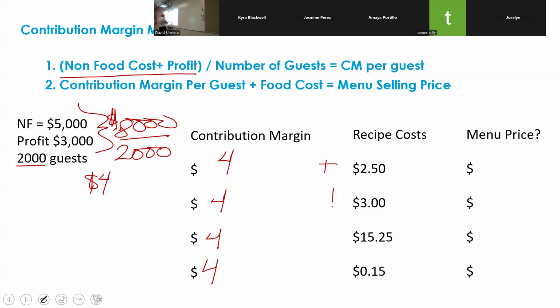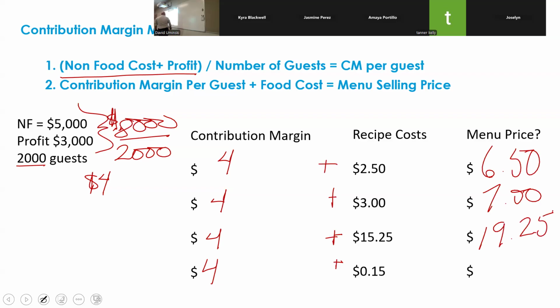So if I add these two together, what is the total for my first menu item? $6.50. What about number 2? $7. And number 3, $19.25. And number 4, $4.15.